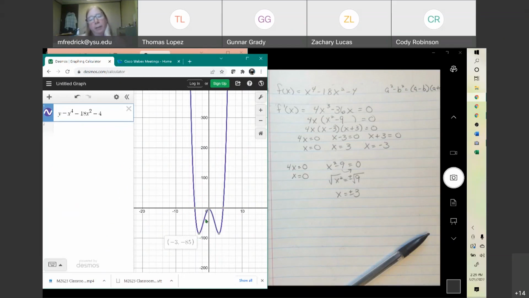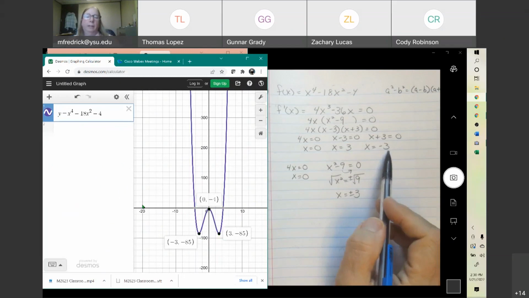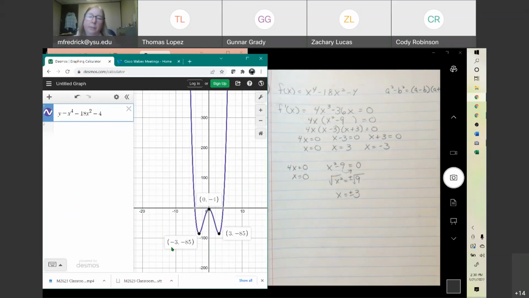Notice the highs and lows, 1, 2, 3. This one here is the negative 3, 0, and 3. The y value, which is a min on these two, are the same value.